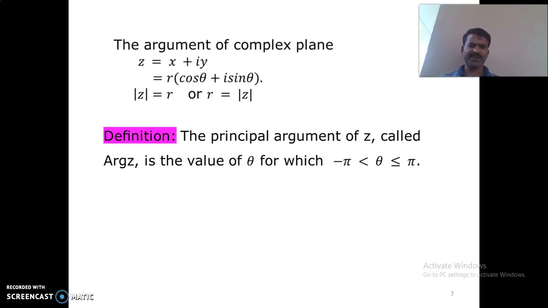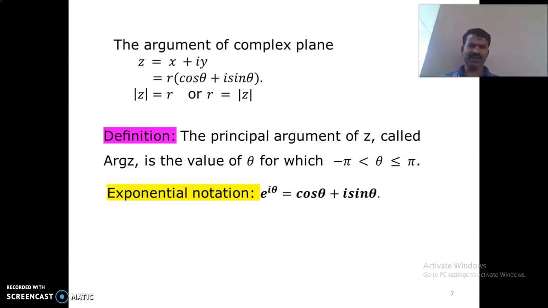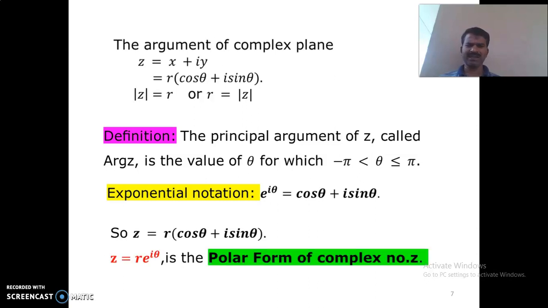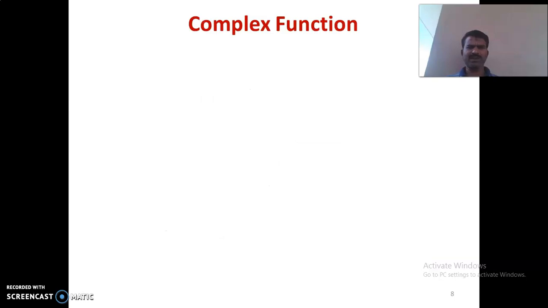And as we know, e to the power i theta is cos theta plus i sin theta. So the complex variable z can be represented in polar form as r into e to the power i theta, that is, z equal to r e to the power of i theta. That is the complex polar form of the complex number z.